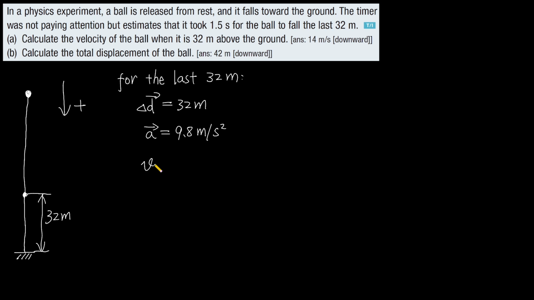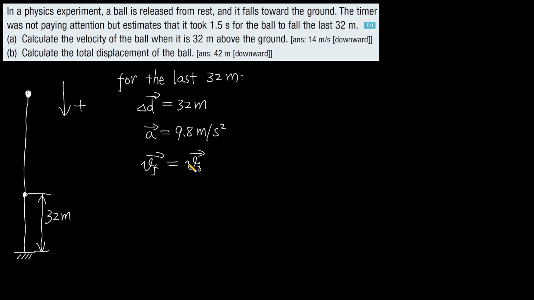And the final velocity is the resulting velocity when the ball hits the ground. The initial velocity is the velocity when the ball is 32 meters above the ground.